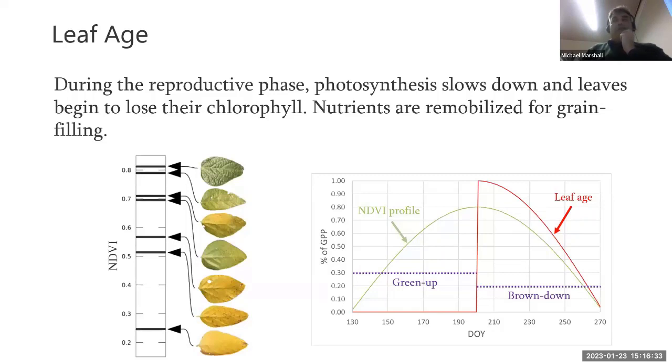Even with all of its problems, it still does a pretty good job. And it's an index that's available over decades, which a lot of these indices you can't. So if you're looking to do a very large scale study in space and time, NDVI is a good way to go, right? So I'm not trying to say that NDVI is the best, but it has some advantages over these other indices. You're welcome to explore them.